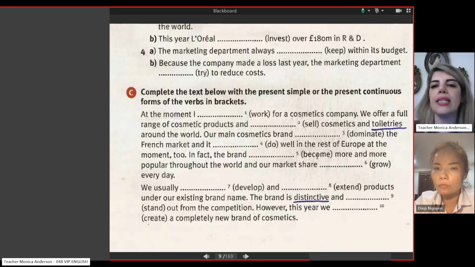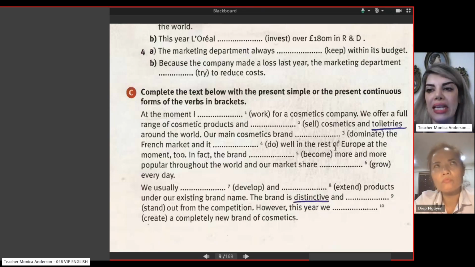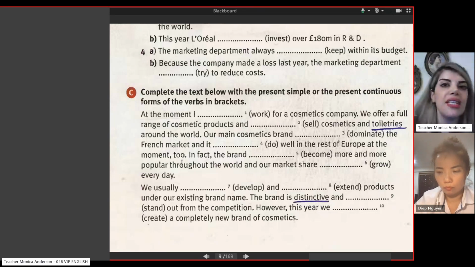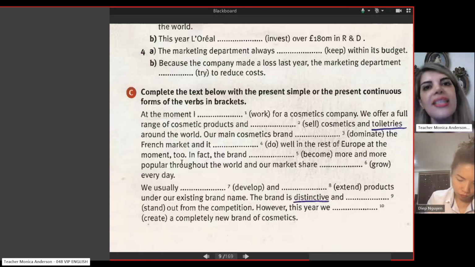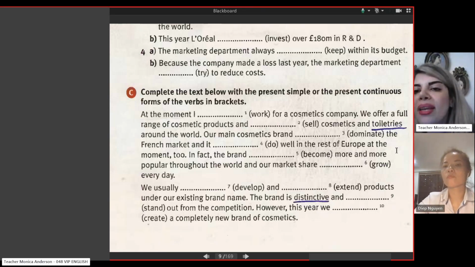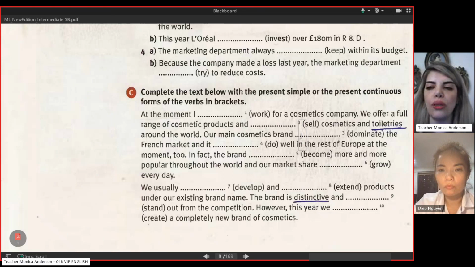So when I say our main cosmetics brand dominates the French market, I don't have any time expression that indicates present continuous, so I consider it as present simple.